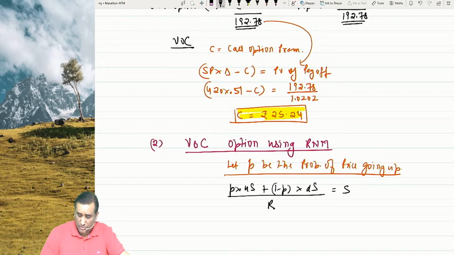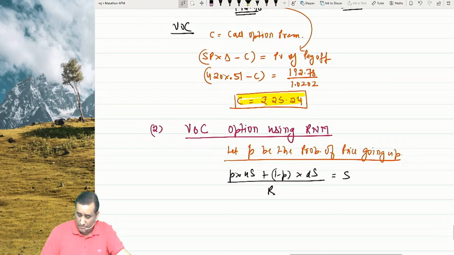Equal to spot price or SR, we say in our working. When you go back home and try to open up your derivation, you'll open P into US plus 1 minus P should be equal to SR. So exactly the same thing we are doing here. Is US how much?